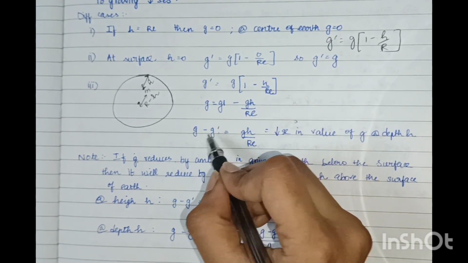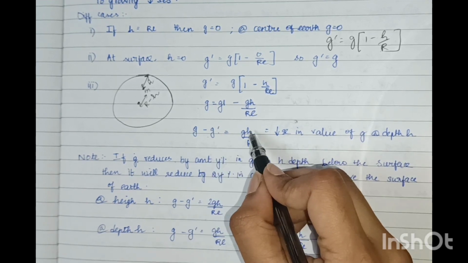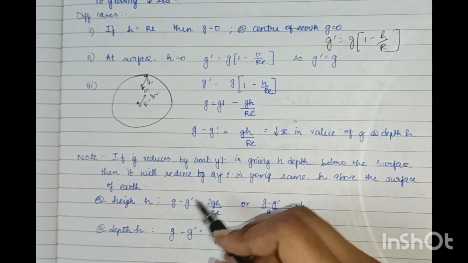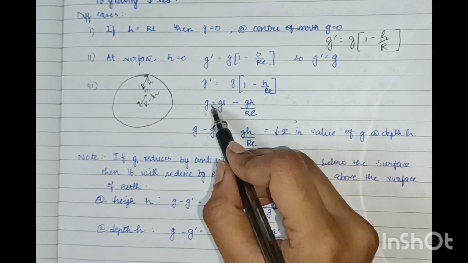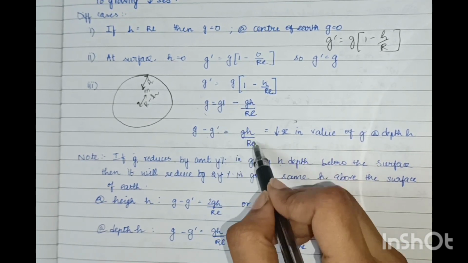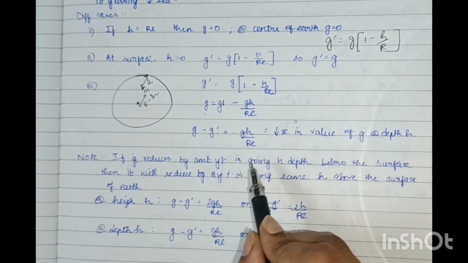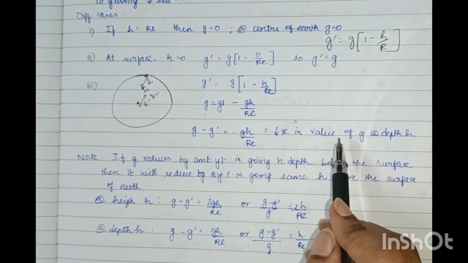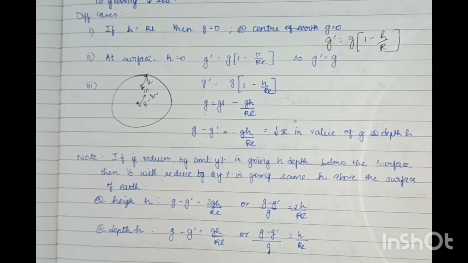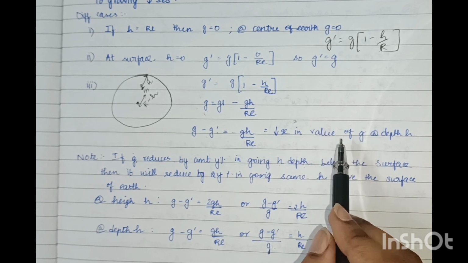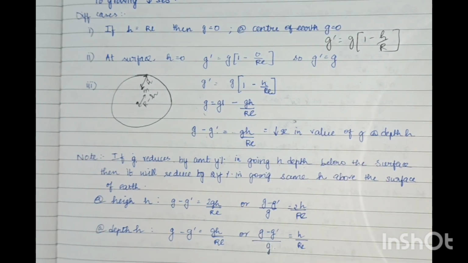So g minus g dash will be equal to gh by r. What does this symbol represent? It represents the decrease in the value of g at depth h. So we have to understand that whether it is going up or coming down below the surface of the earth, there will be a decrease in the value of acceleration due to gravity.